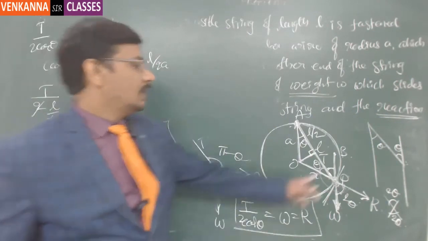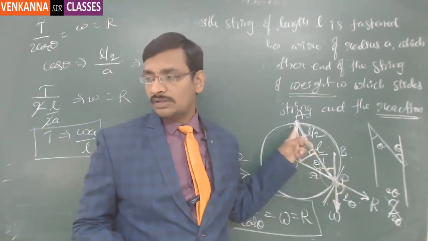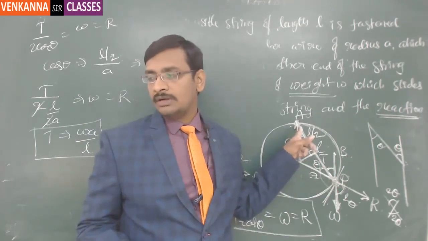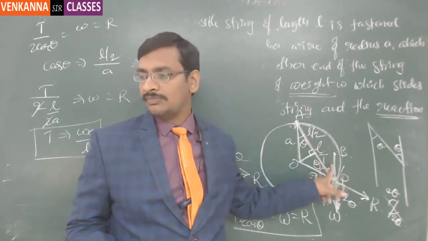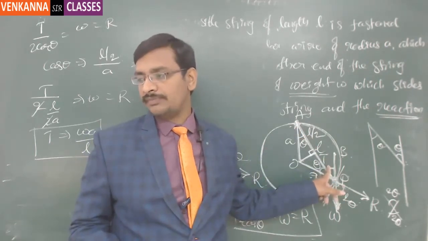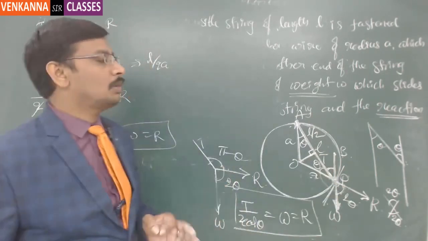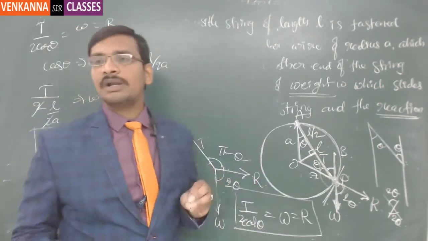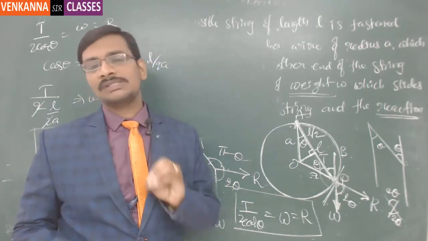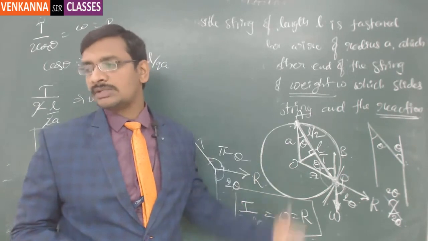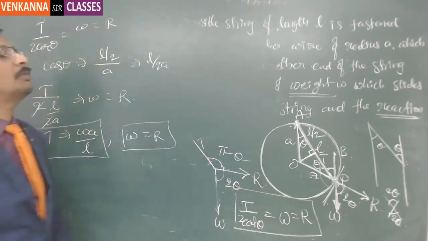Like identification of this angle is quite tough here, because if you leave the word that at the top of the circular wire one end is fastened, obviously you will lose control on this angle. So every word is important. In statics, the main problem is from the problem statement, identifying the drawing is very, very important. So if you miss something there, then obviously you cannot solve that problem. Got it? So this is about Lami's theorem.